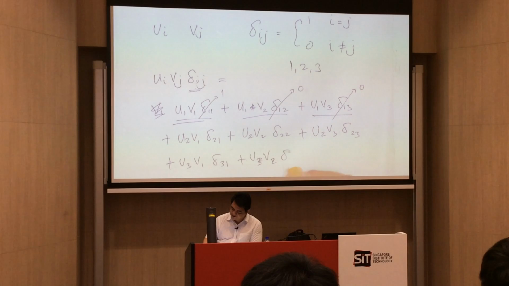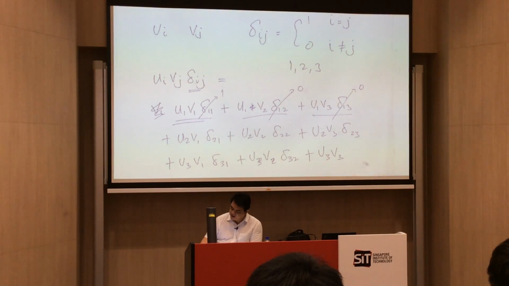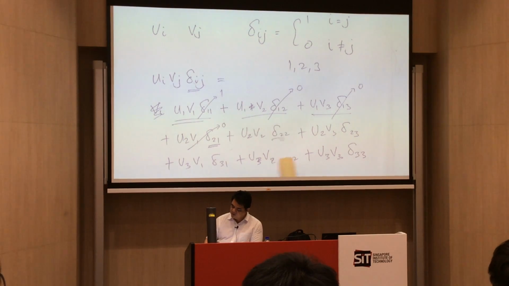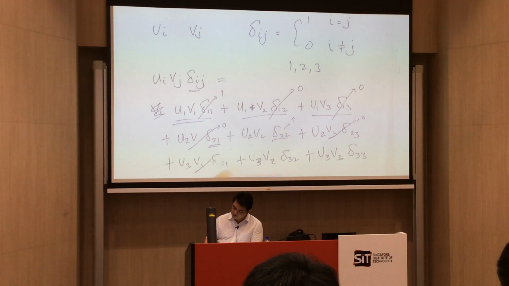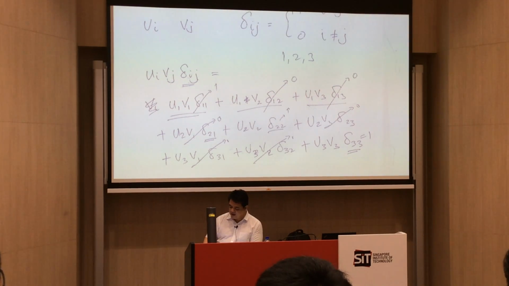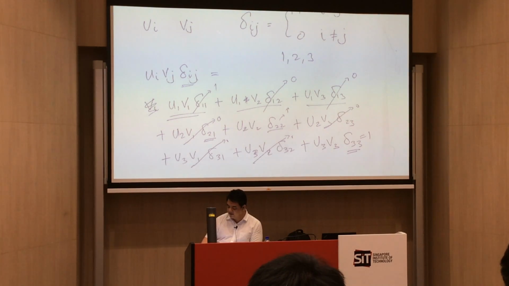U3 V2 delta 3, 2, and then you have U3 V3 delta 3, 3. So what do you have? This one is 0, so that becomes 0. This one is equal to 1. This one becomes 0, 0, 0, and this one becomes 1. So this one ends up to be U1 V1 plus U2 V2 plus U3 V3.